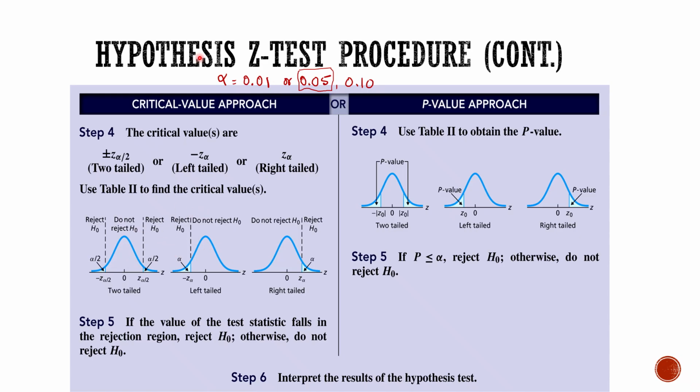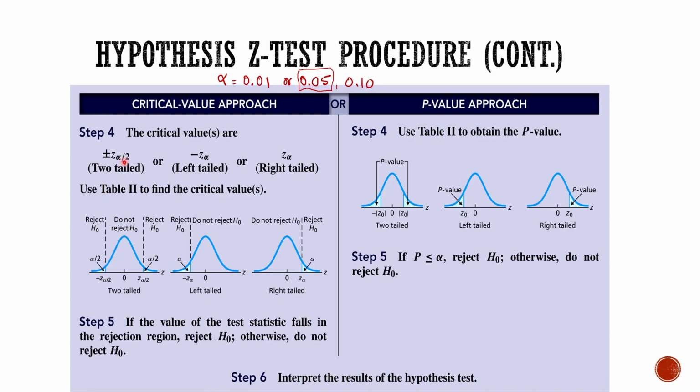And this alpha value is going to decide where the cutoff is going to be between the reject and the do not reject region. Where on the curve the reject region is going to be placed, where the reject region is going to fall, in other words.